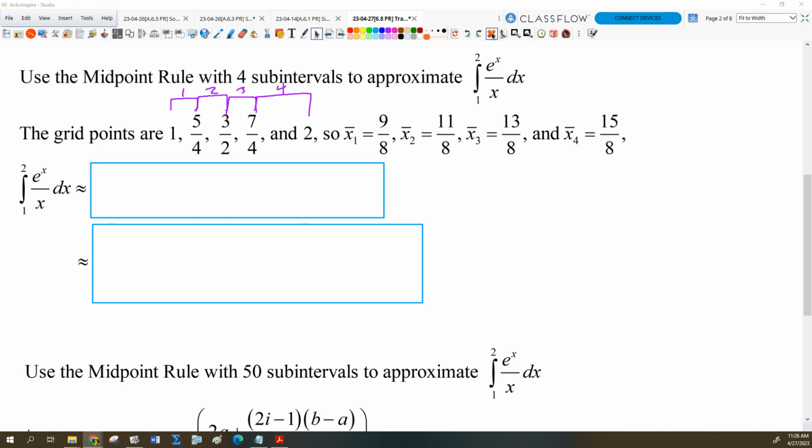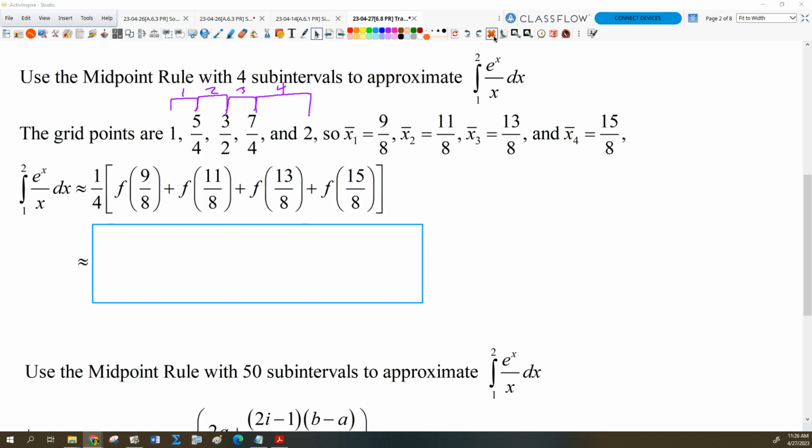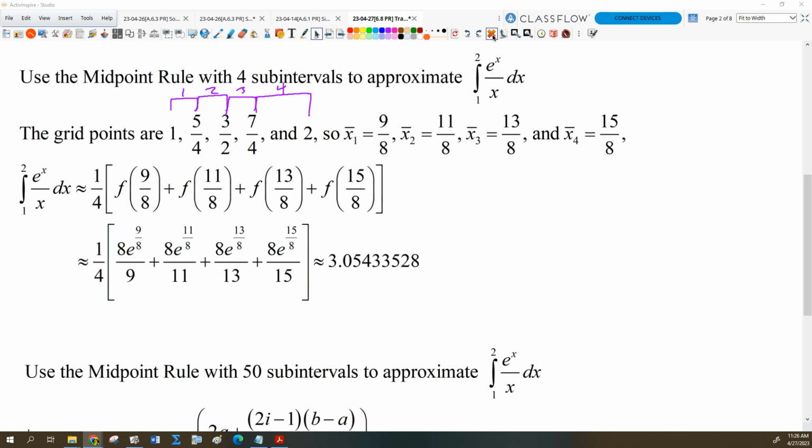This is no big deal, right? The midpoint approximation is just 1/4, that's delta x, times f of 9/8 plus f of 11/8 plus f of 13/8 plus f of 15/8. Done. Just plug those into the function, and we get an answer.